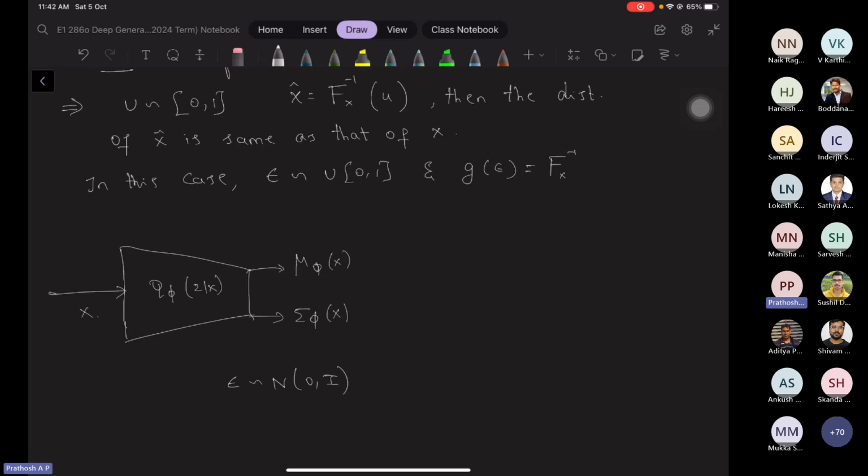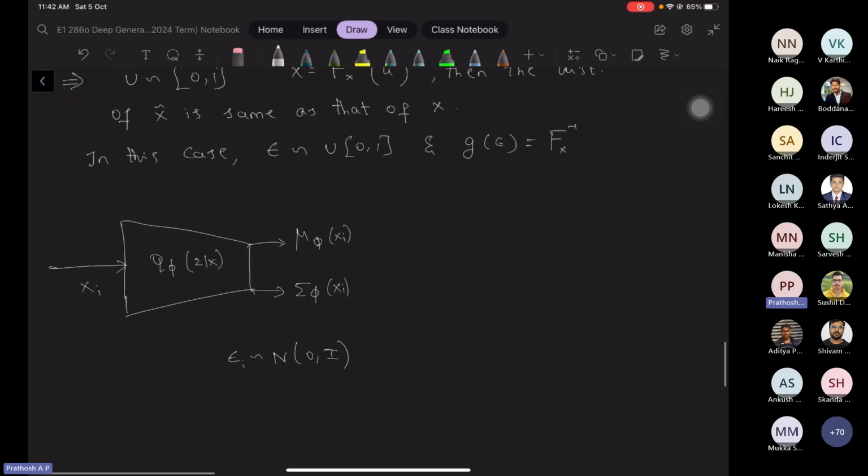Let's call this epsilon i. So given a particular sample, you take an epsilon from normal 0, 1, and then get your z i by multiplying this with sigma phi of x i and adding mu.